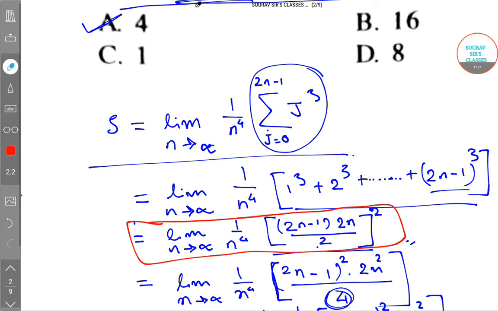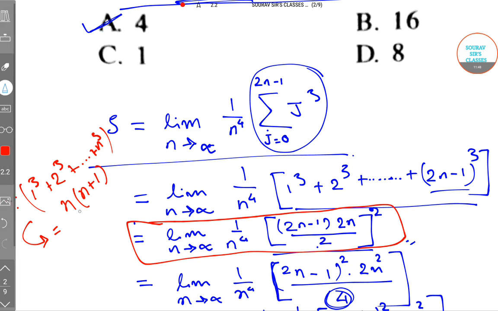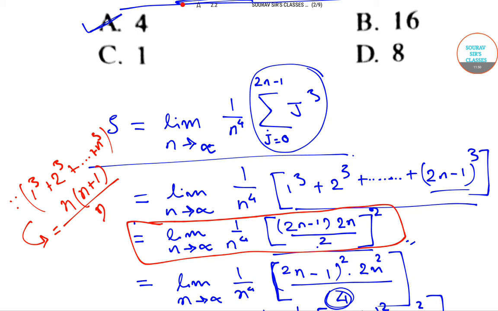Because 1 cube plus 2 cube plus dot dot dot plus n cube equals n into (n plus 1) divided by 2, and that is whole square. So this is why we have written this.